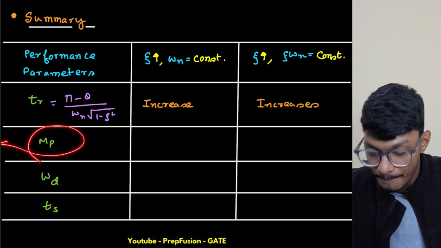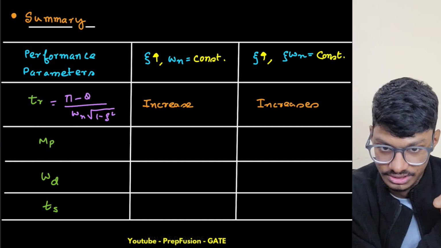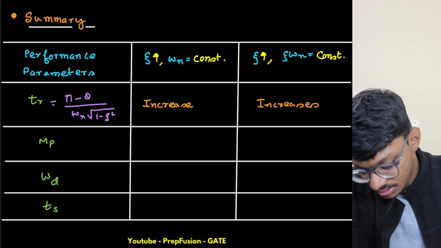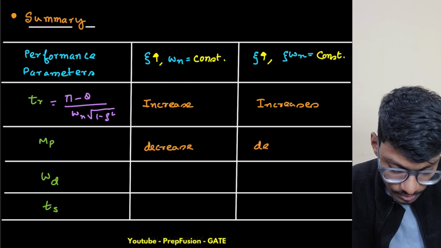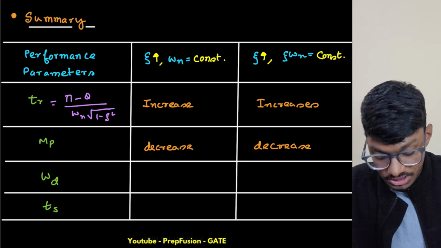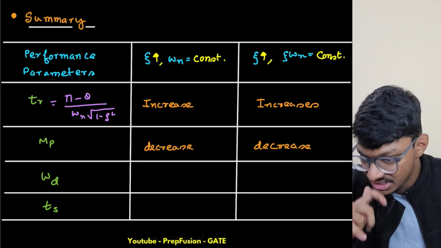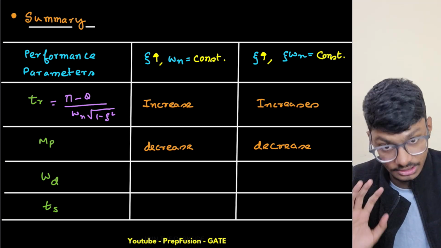Now what about my peak overshoot? The peak overshoot only depends on the zeta itself. It is inversely proportional to the zeta. So obviously if zeta increases, it will decrease. Here also it will reduce, because my peak overshoot is only dependent on the zeta. What is omega d? Omega d is depending on both, so this will be a bit difficult.